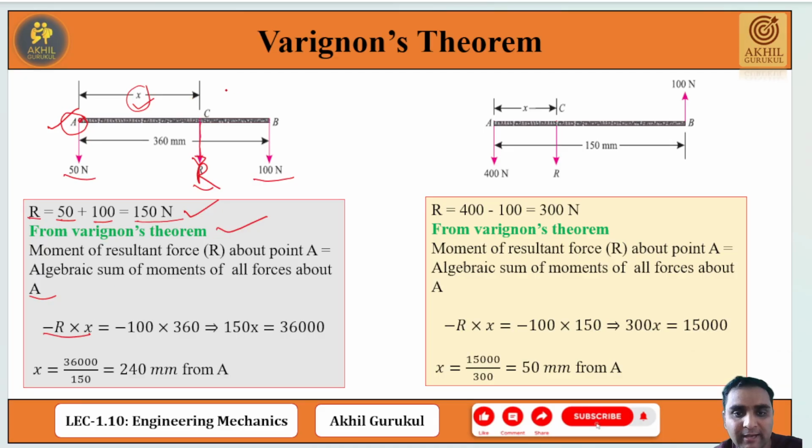So it is acting in downward direction, so it creates moment in clockwise direction. So I assume clockwise moment should be negative and anticlockwise moment should be positive. So here minus R into X equals the moment of force 50 about A. The line of action of the force 50 Newton is passing through the point A, so moment of 50 Newton about the point A should be 0.